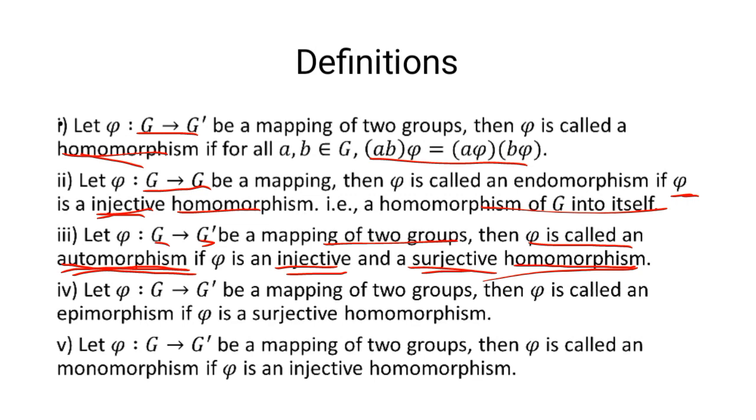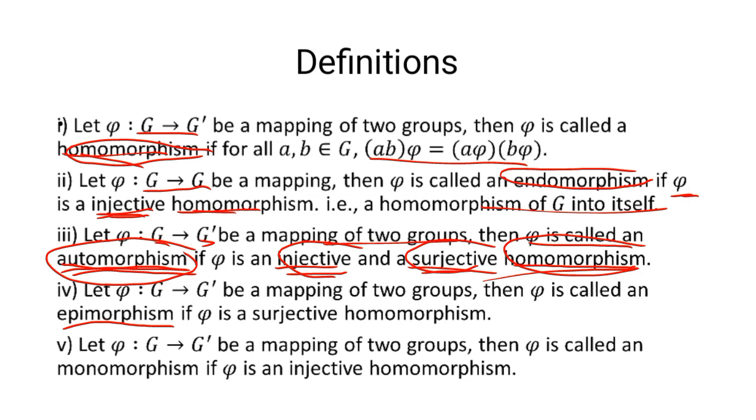The next definition you need to know is what we call an epimorphism. Now you know a homomorphism, you know an endomorphism, a map of G into itself which is injective and a homomorphism. You know what an automorphism is: an injective, surjective homomorphism. Now we're introducing what we call an epimorphism.